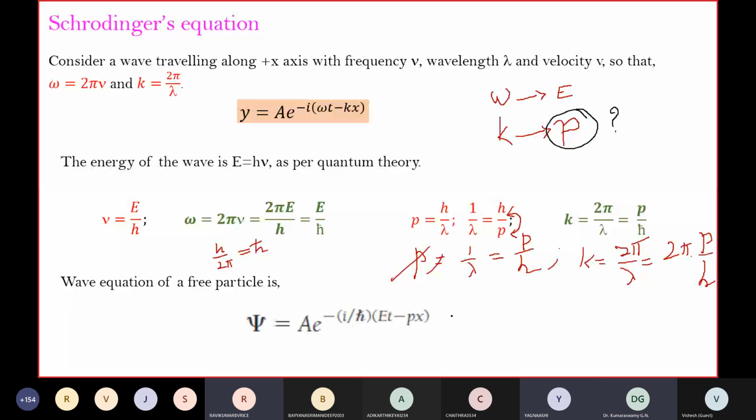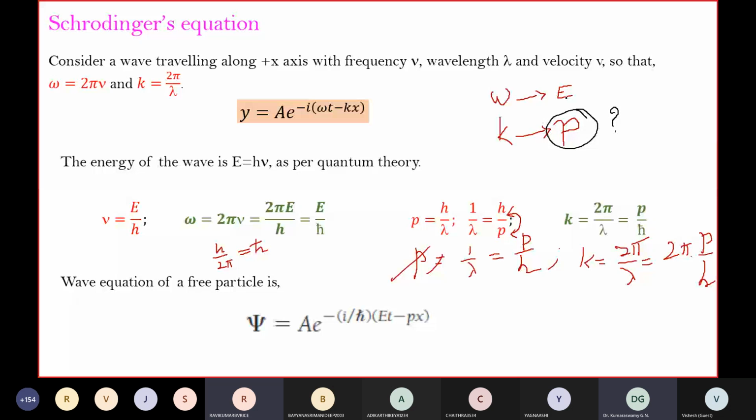Using quantum mechanical concepts, we are expressing omega and K in terms of E and P. We could replace omega with E by considering quantum mechanics, that is the photon theory, that light consists of particles, photons.